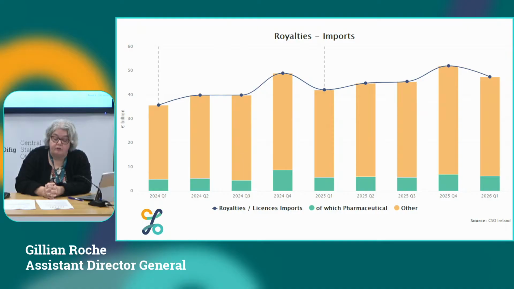And while the total royalty imports have increased by 5.4 billion year on year and decreased 4.6 billion compared to the last quarter, that year on year increase is driven largely by the ICT sector. The decrease in the quarter is driven by both pharma and ICT.